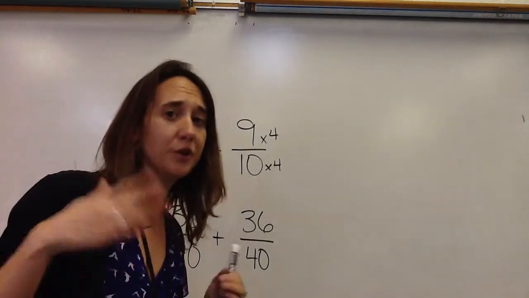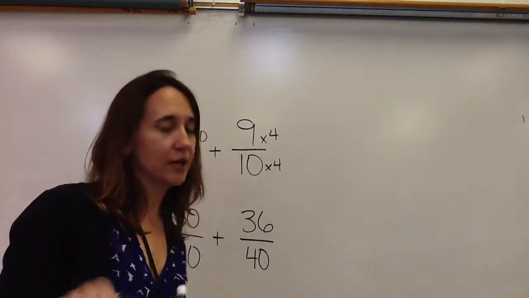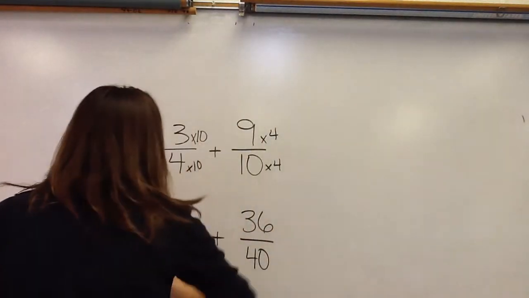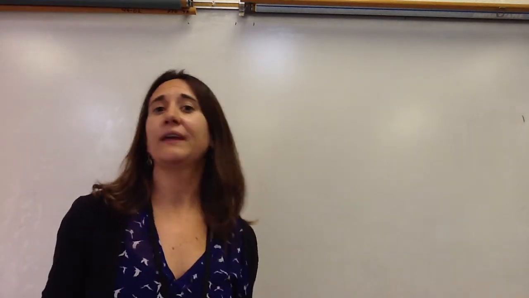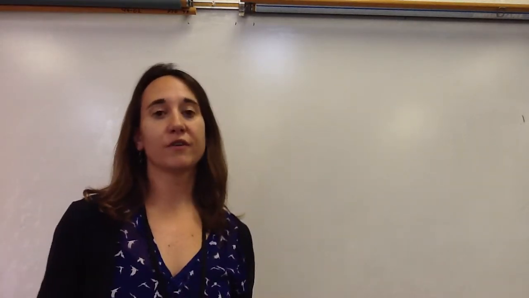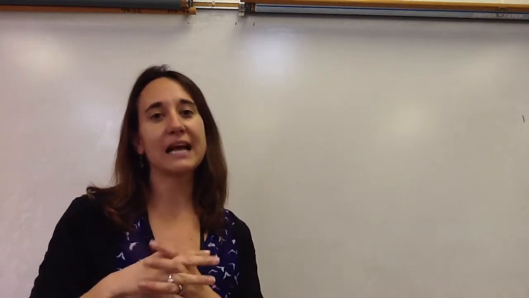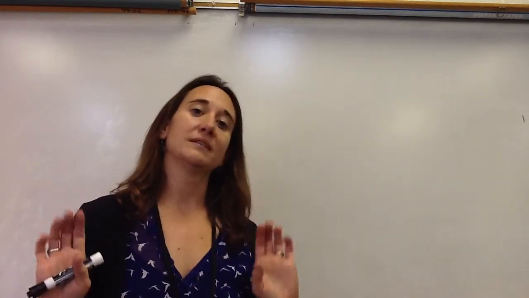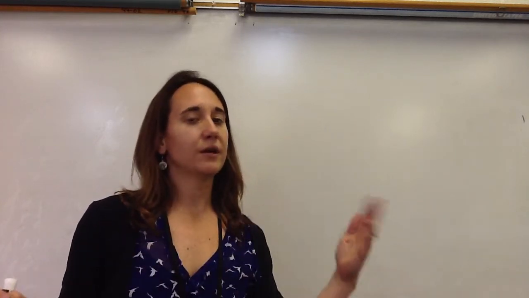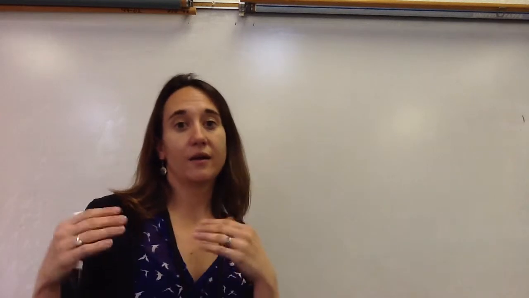All right, this next one you're going to write down, and then you're going to pause it and try and do it by yourself. Remember, I'm not asking you to add the whole thing. I'm not asking you to then convert it to a mixed number. I'm just asking you to set it up with a common denominator, so two fractions with the same denominator that would be ready to add.